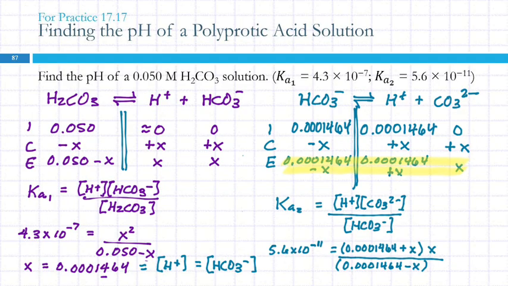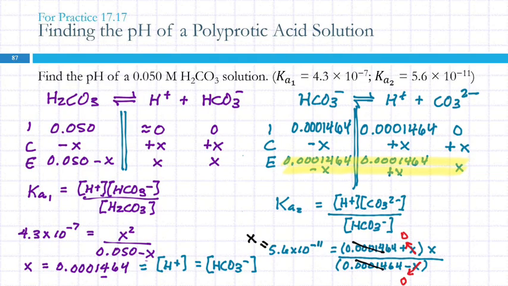But if you don't think of that, and you don't like X is small, you can plug it in and it'll come out really close. So X is small, that means this is essentially 0, and this is essentially 0. And then these numbers cancel out. So X is equal to that second equilibrium constant.